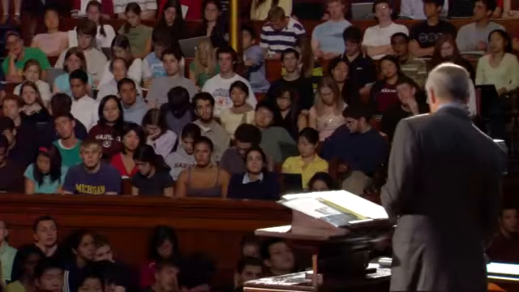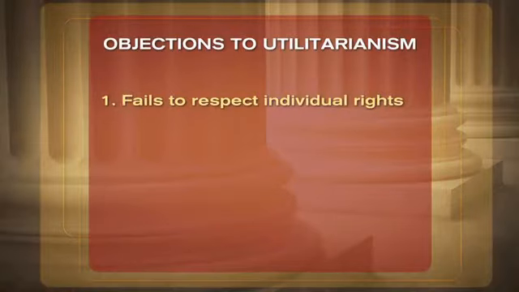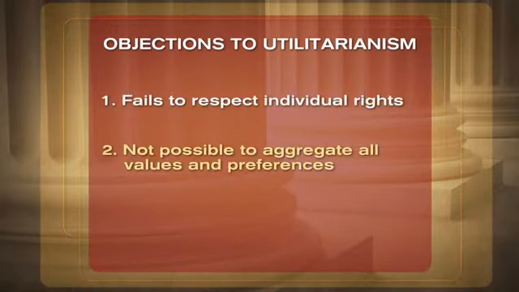And you remember we considered some examples of cost-benefit analysis. But a lot of people were unhappy with cost-benefit analysis when it came to placing a dollar value on human life. And so that led us to the second objection. It questioned whether it's possible to translate all values into a single uniform measure of value.